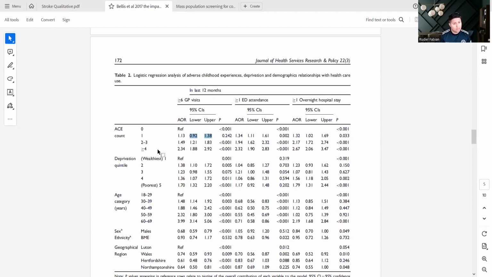That's your null hypothesis. So you're seeing if you're going to accept or reject this null hypothesis.